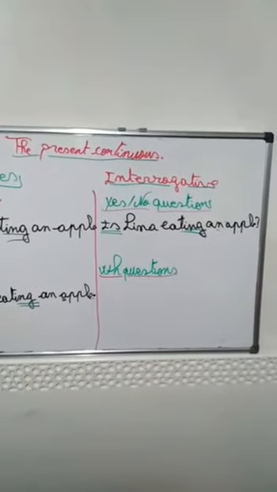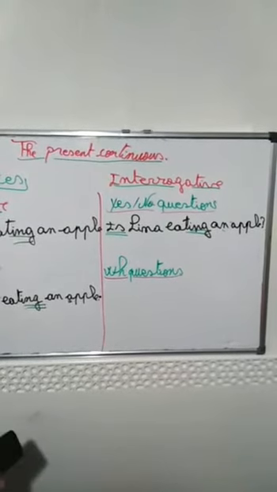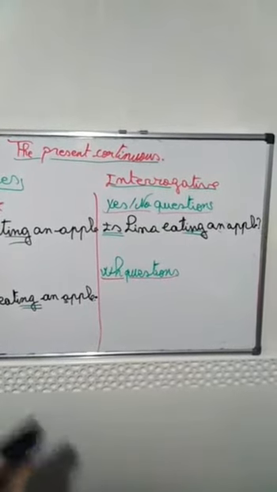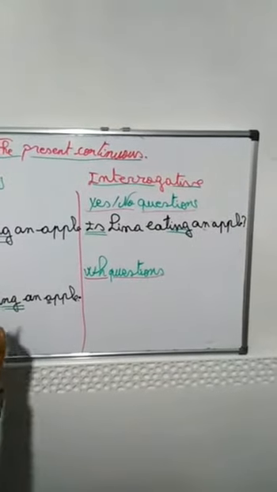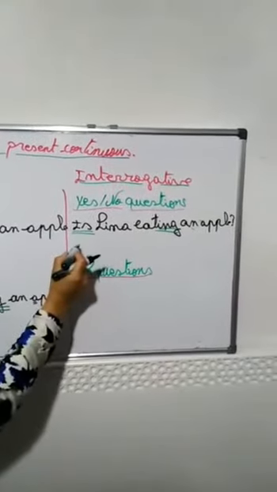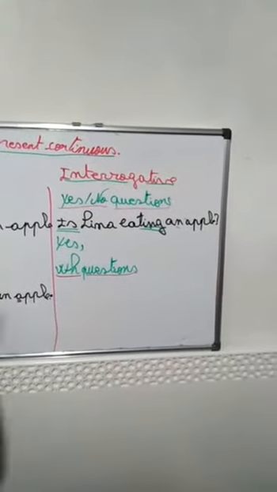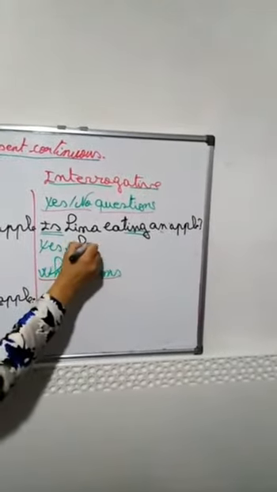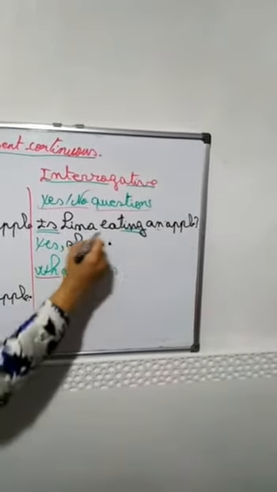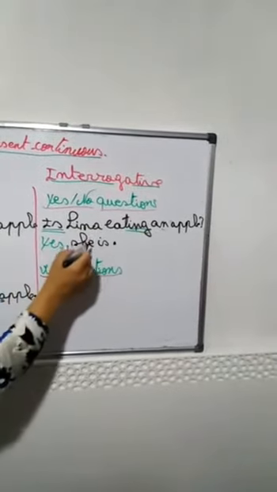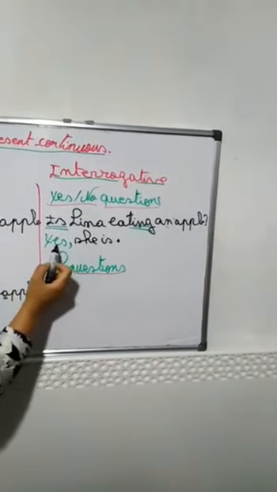How can I answer this question? I don't need a very long sentence to answer. I just need to mention if yes, I say yes. Yes what? Yes, she is. Full stop. Not yes, she is eating an apple, or yes, Lina is eating an apple. We can say yes, she is, and that's all.